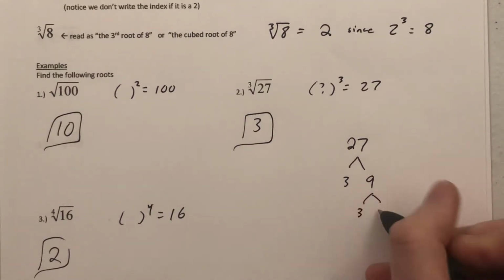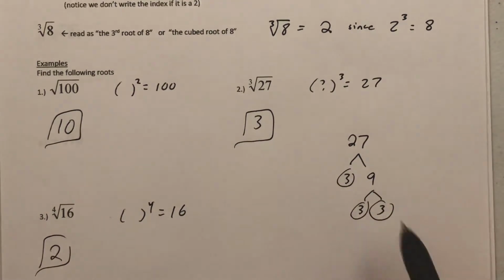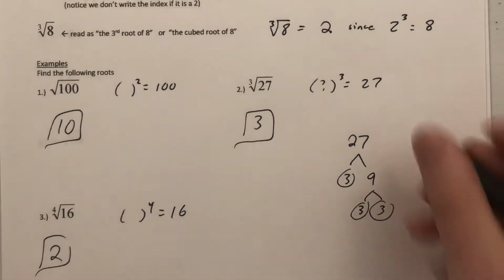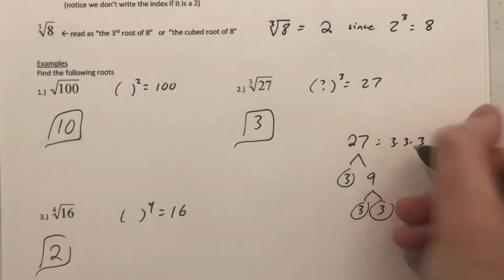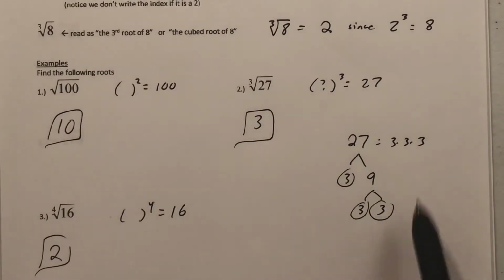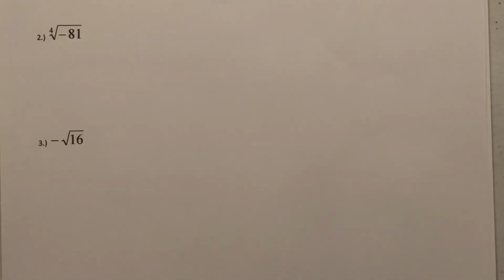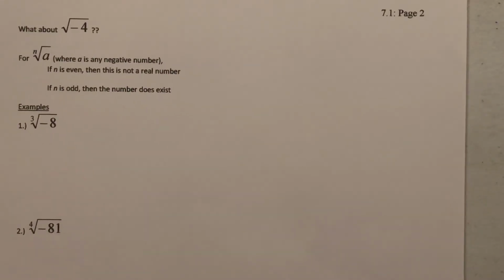You can break 9 down to 3 and 3 until you have all of the prime numbers, and you can go from there to say, oh look, 27 is 3 times 3 times 3, which is 3 cubed. So if you don't know your cubes or your fourths, then certainly utilize a prime factorization tree to start breaking these larger numbers down. Again, that will come in even more handy in a later section as well.